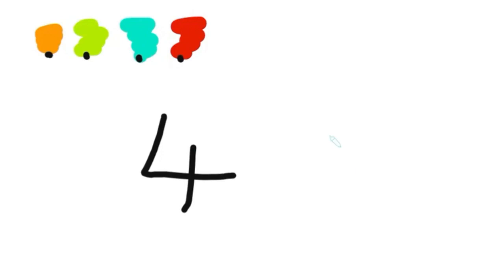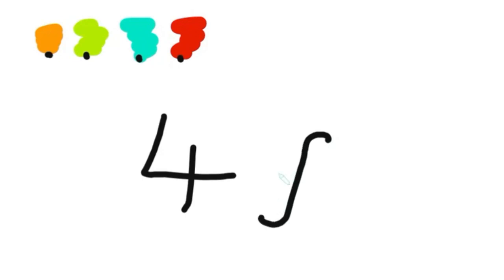Now the tricky bit, we're going to write the word 4. Shall we try together? It's okay if you don't know how to do it by yourself yet, because that's why we can help each other. So what letter do you think 4 starts with? Listen to the sound, 4. You're correct. It starts with the letter F, and the letter F makes that F sound.